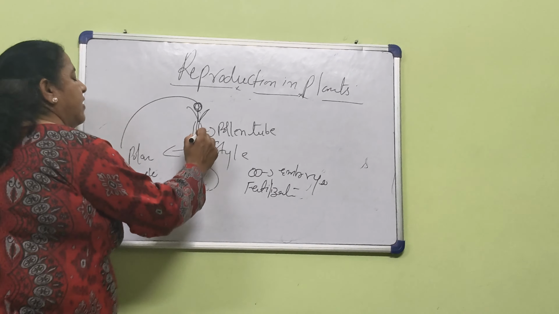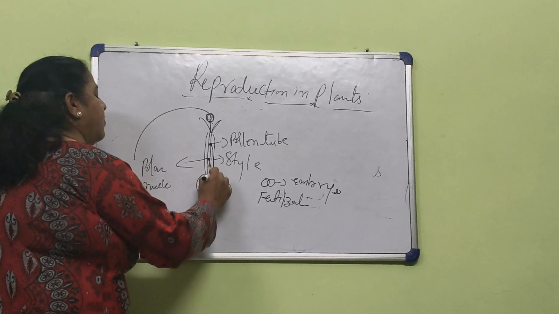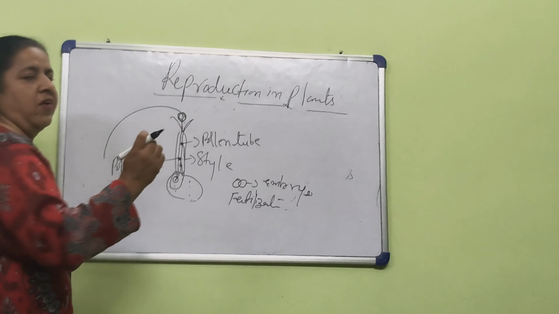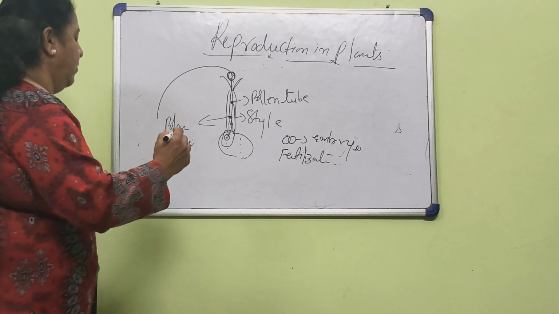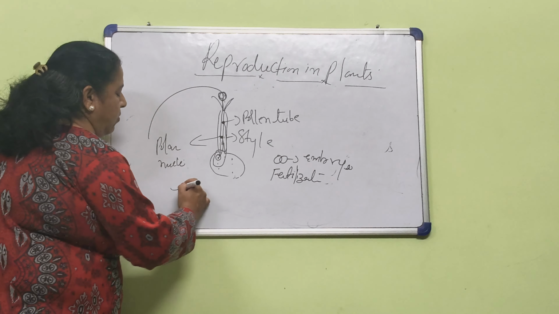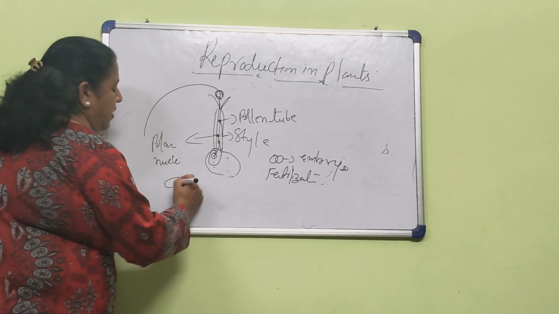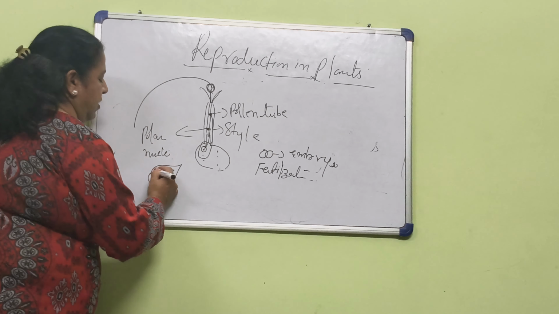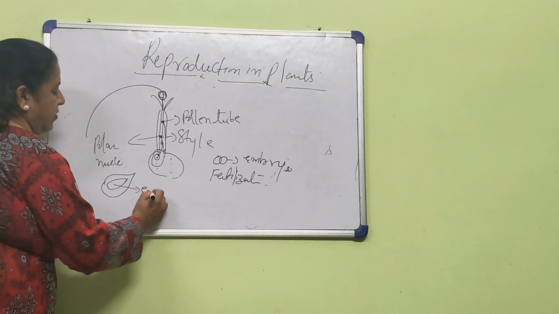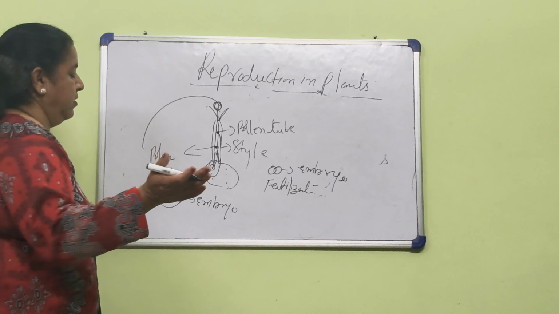So what about the second nucleus? The second nucleus will form endosperm around the embryo. Okay, we'll give the example of mango. In a mango seed, you have seen a single embryo inside the mango. Okay, this is the embryo, formed by the combination of male gamete and female gamete.